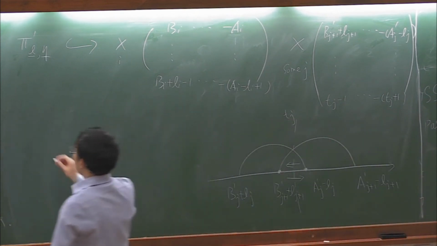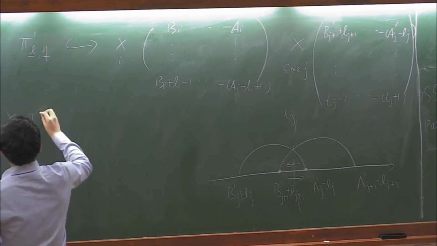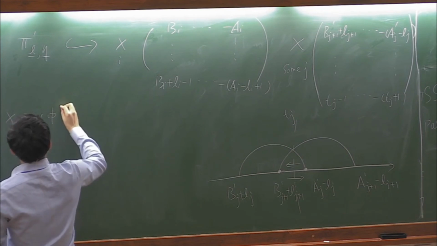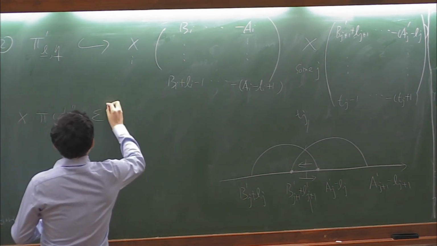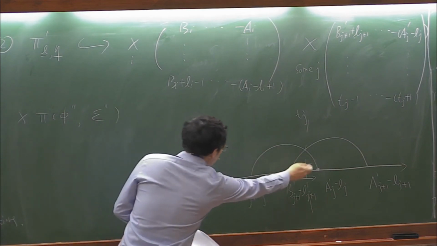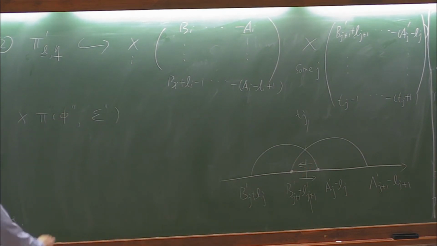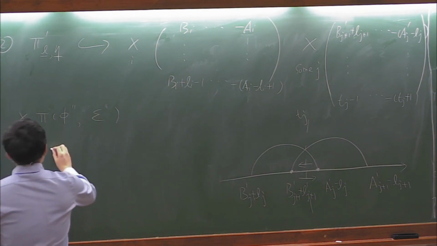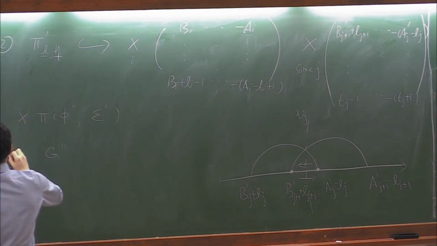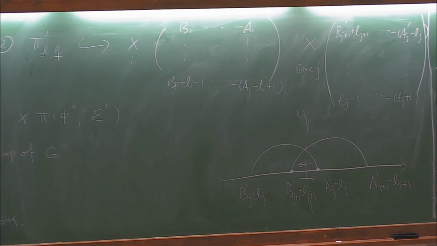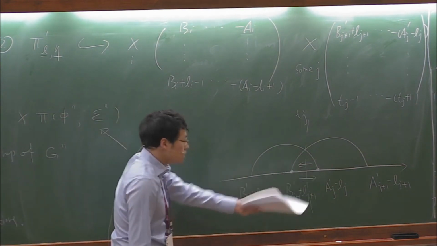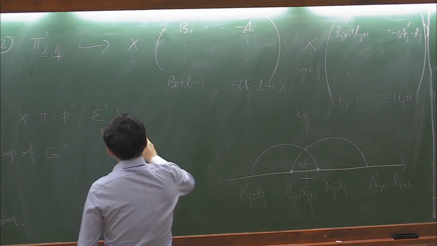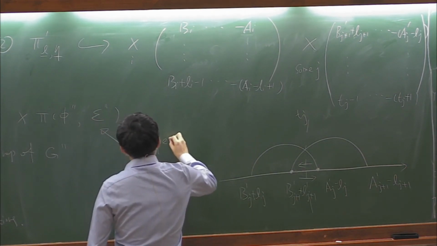So in the end, you will get a parameter. And you can also count the signs for these points. That will give you a character for the centralizer of the parameter. So this will be a representation of G double prime. And indeed, when there are multiplicities, this will be a tempered representation in general.